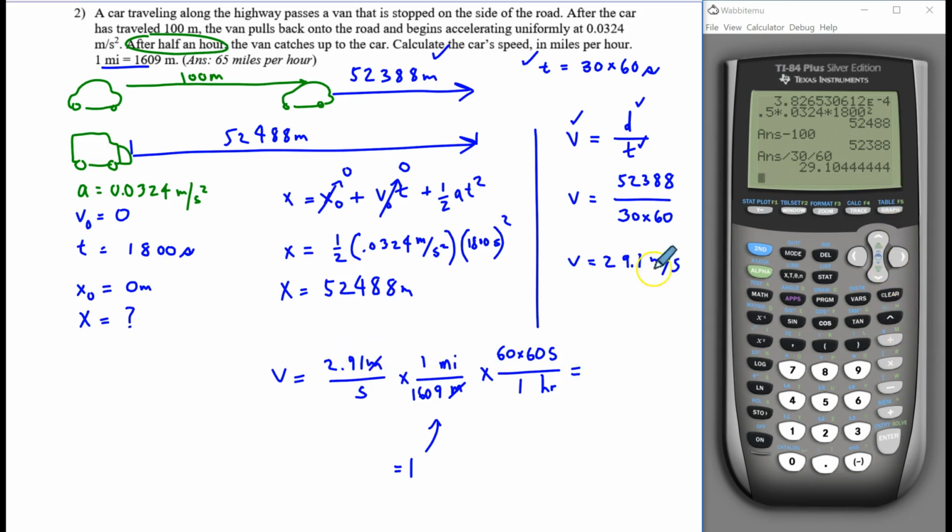Oh, this is 29.1, not 2.91. Okay, so I take my answer here, times 60 times 60. I divide by the 1609 in the bottom, and I get 65 miles per hour. And that's the answer.